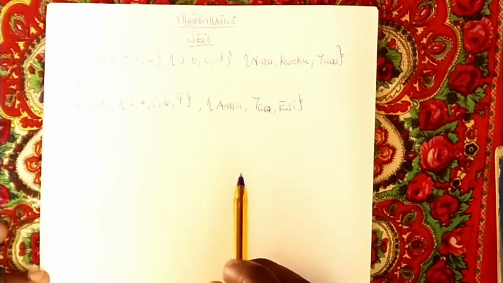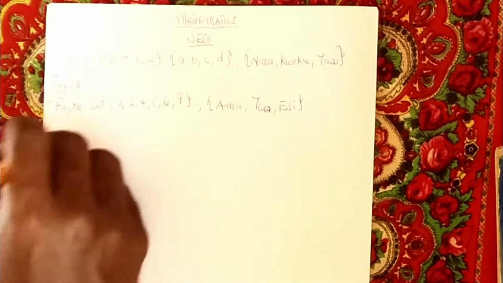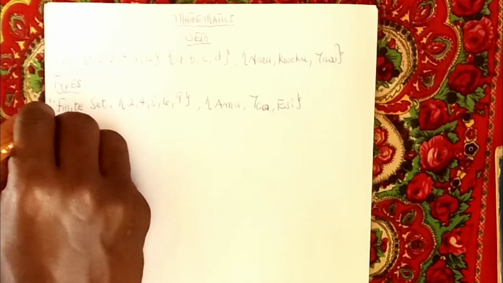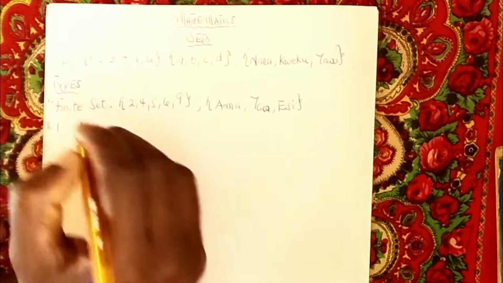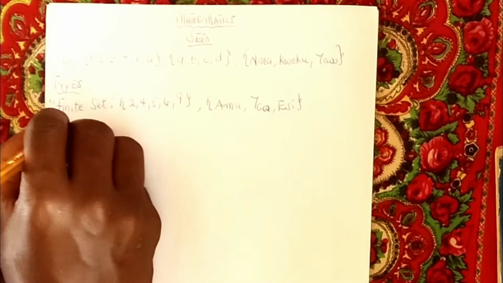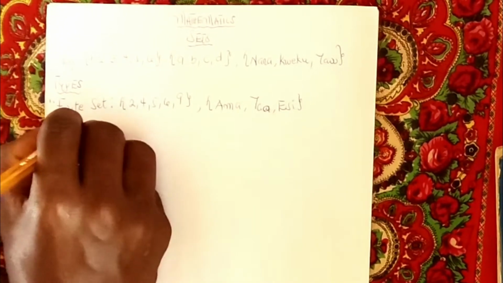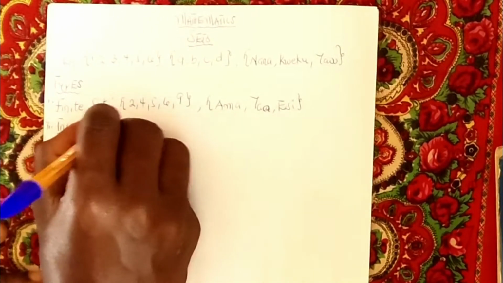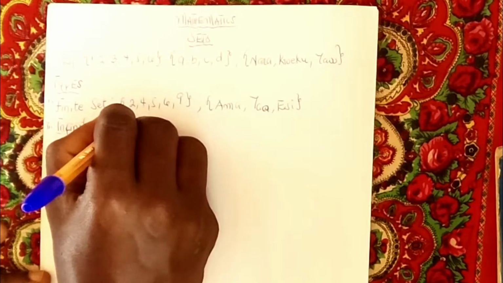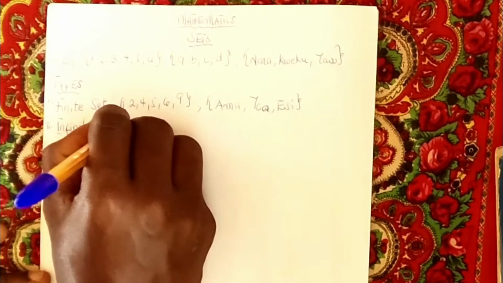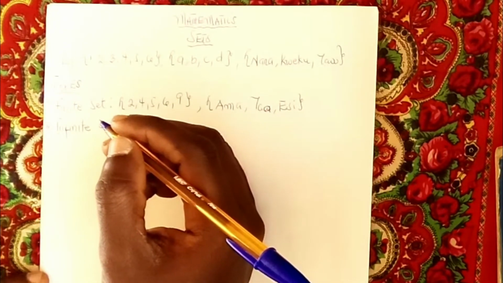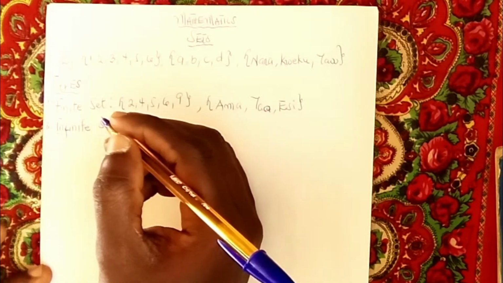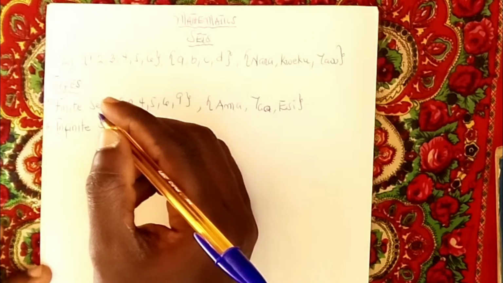The next type of set is an infinite set. An infinite set is a set that does not have its last element being known, in a sense that it continues to infinity.